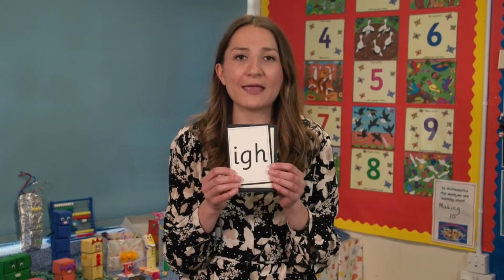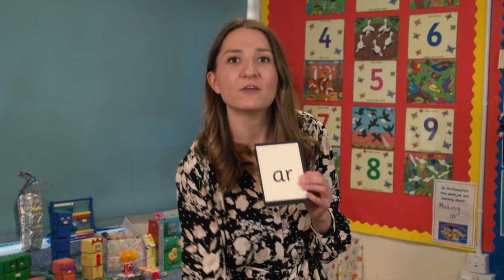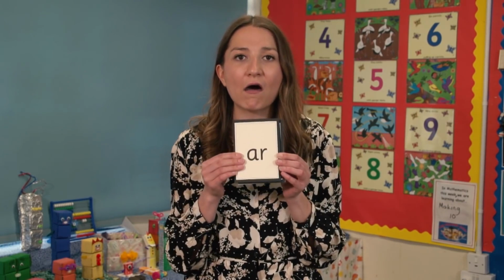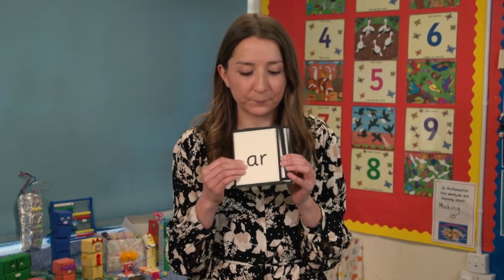I'll show you the graphemes on the cards and I want you to read them aloud. The first flashcard says I and this digraph says R. Now you have a go.